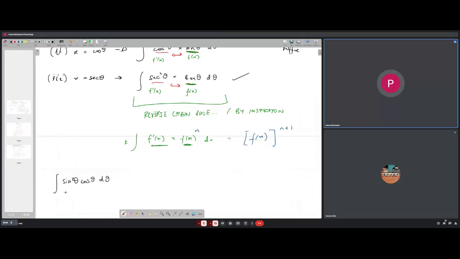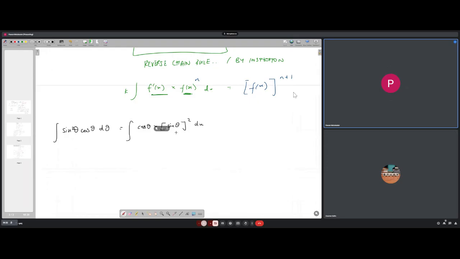So first things first, what I'm going to do is rewrite this in a way where it's more clear. You understand this? Yeah, same thing. So this is like f of x, this is like f prime x.